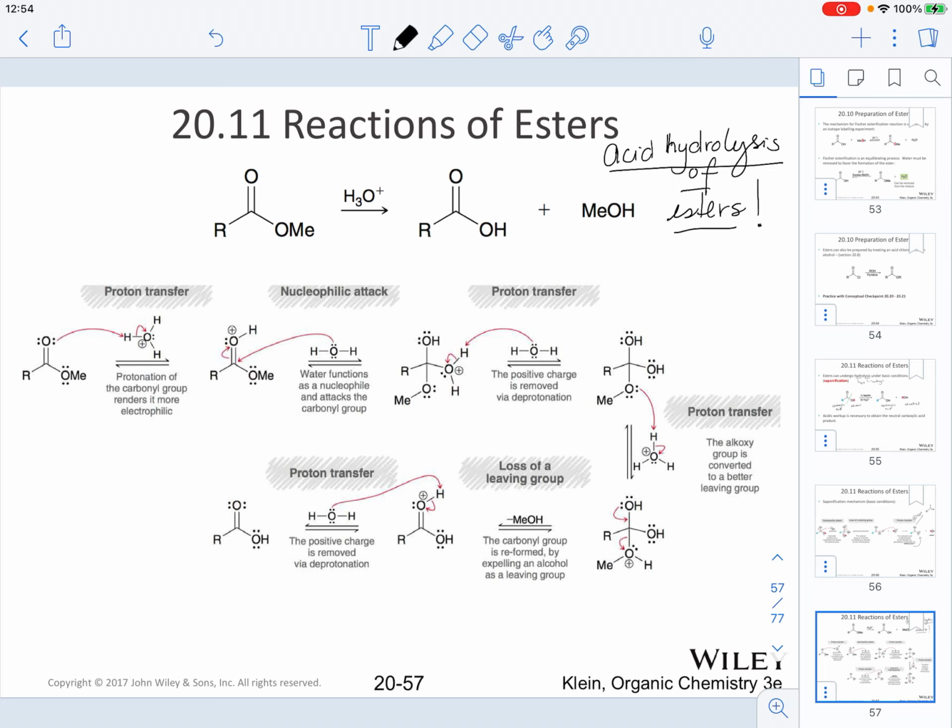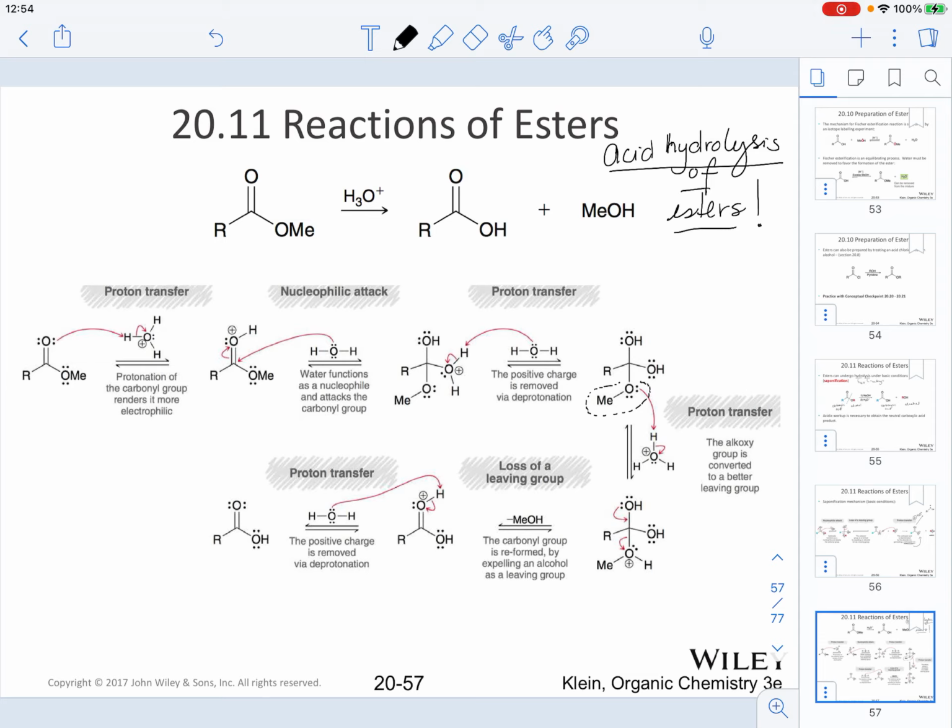Now, once that occurs, remember that in this system, what I'm putting in the dotted line overall is going to be our leaving group. And because we're under acidic conditions, it cannot just be kicked out of the system. We have to protonate it so it leaves as an alcohol molecule. So that's where we see that second proton transfer.